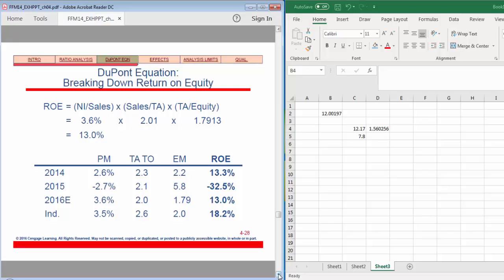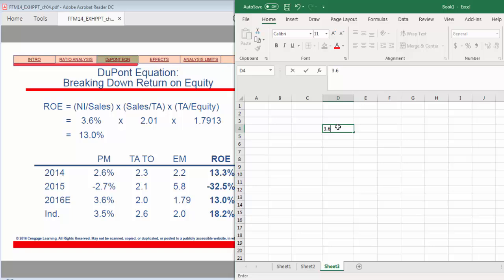So, we can take an example. If you want to calculate ROE in this case, it's a simple multiplication: first calculating net income divided by total sales, multiplied by sales divided by total assets, multiplied by total assets divided by total equity.